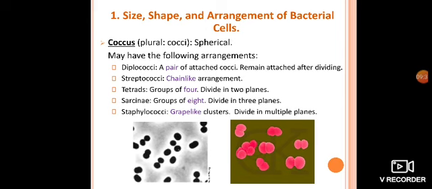In the slide we can observe the purple color title, which indicates the number of bacteria. Diplo means pair. So attachment by pair is called diplococci, and after cell division they are again available in pair form, so they are called diplococci.